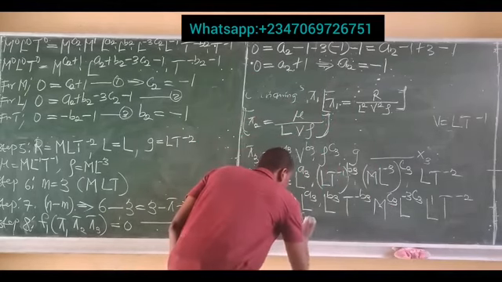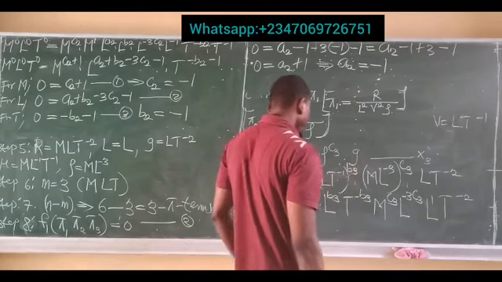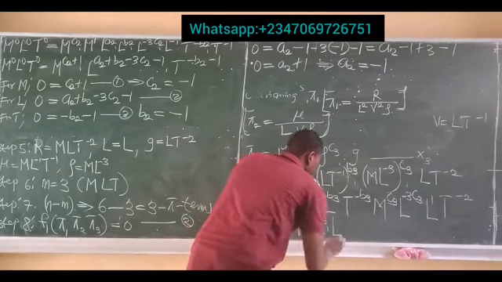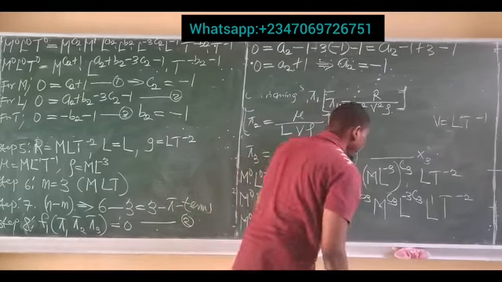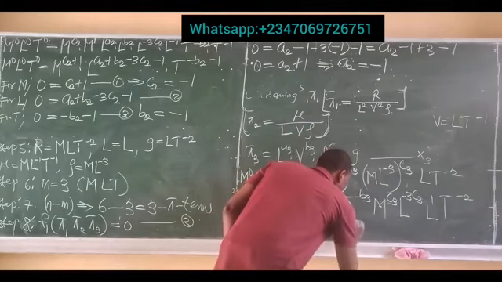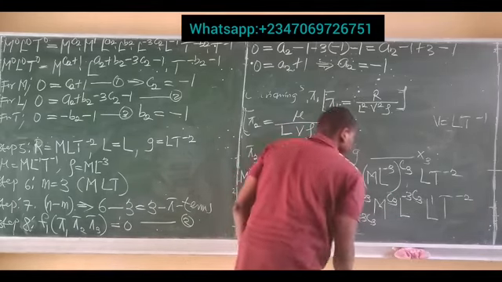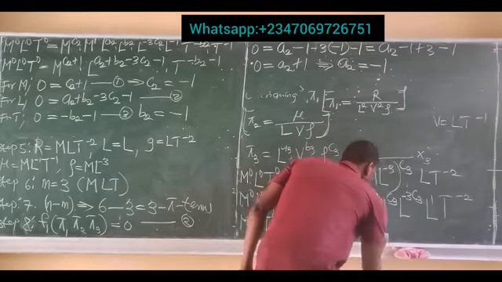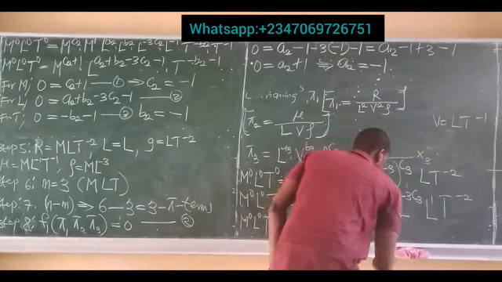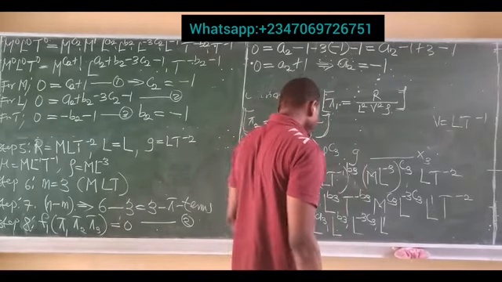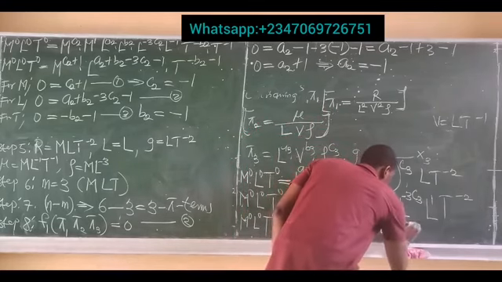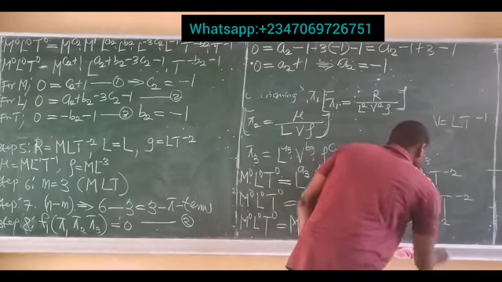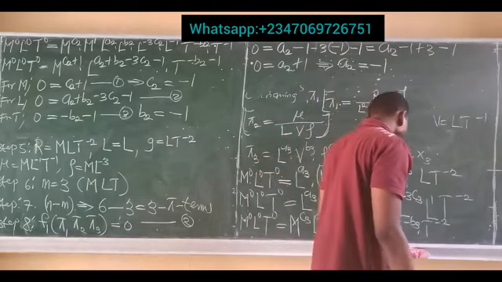After M, the next is L. I have L to the power of A3, times L to the power of B3, times L to the power of minus 3C3, and I still have L to the power of 1 over here. Finally, we move on to T. I have T to the power of minus B3, and times T to the power of minus 2 over here.